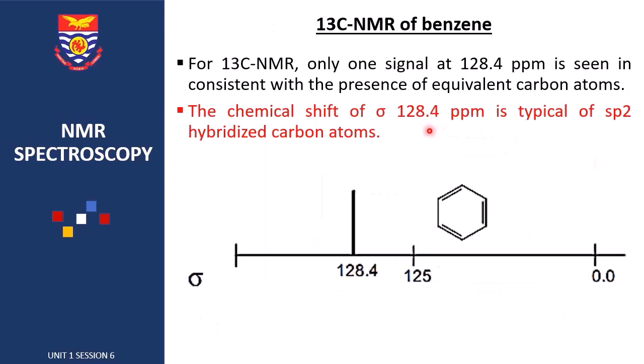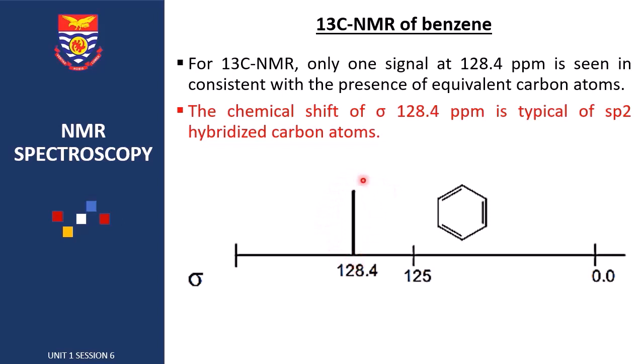Now, when you look at carbon-13 NMR, it also looks at the actual carbons present in the molecule, and it has its chemical shift around 128.4 ppm. Because all the carbons in this structure are equivalent, there's only one signal at this chemical shift.